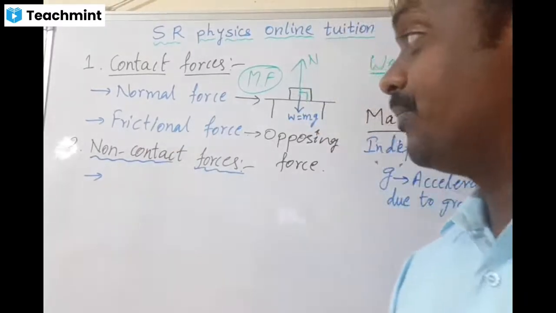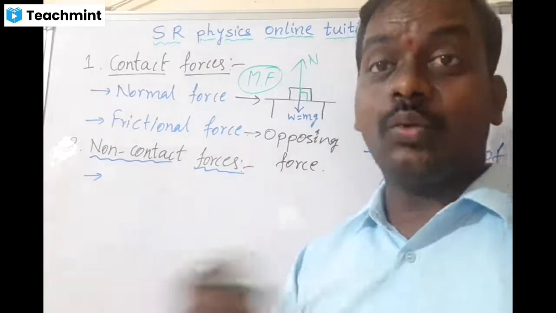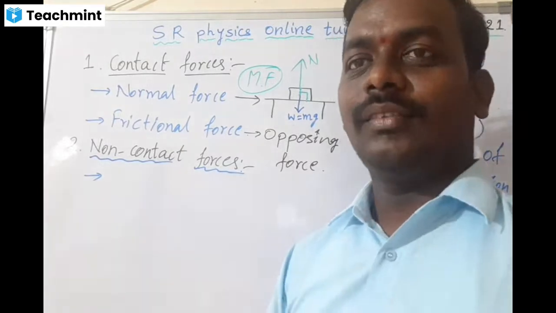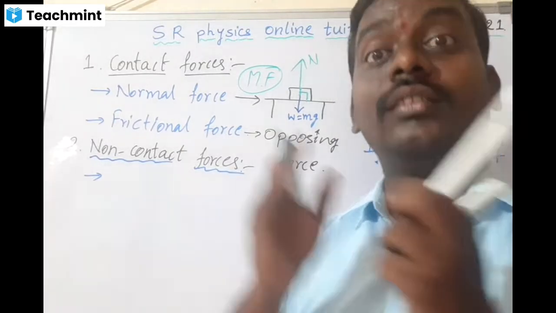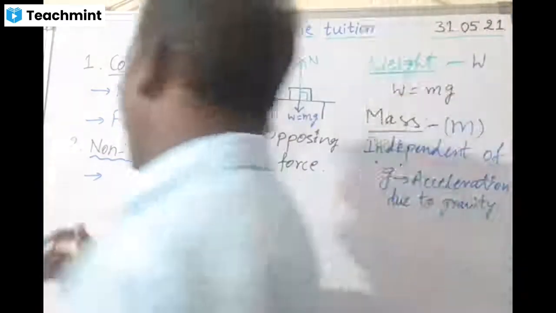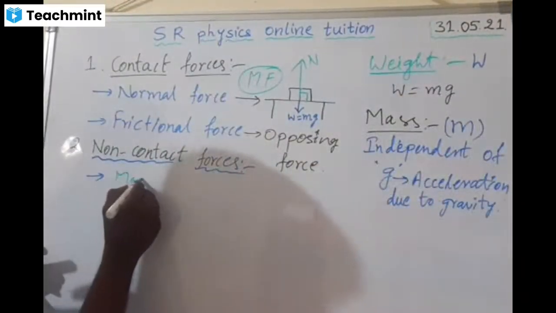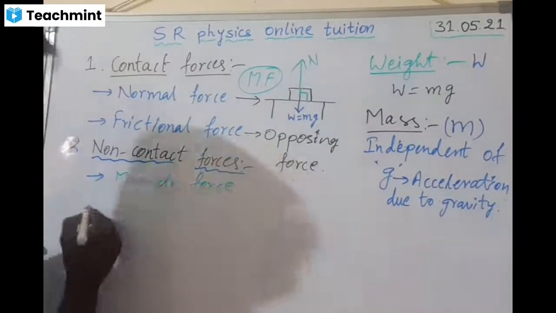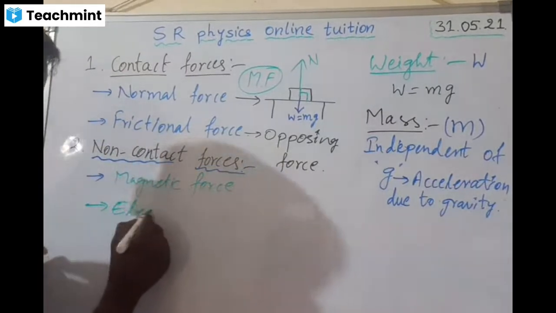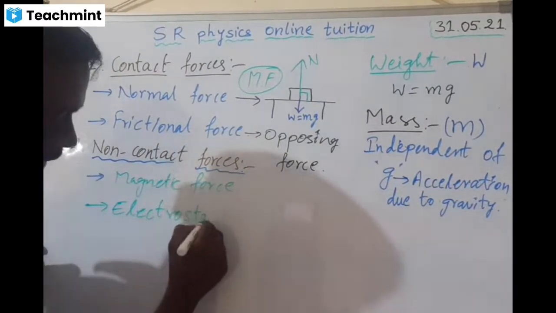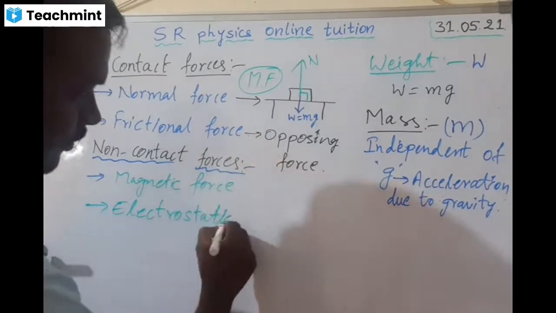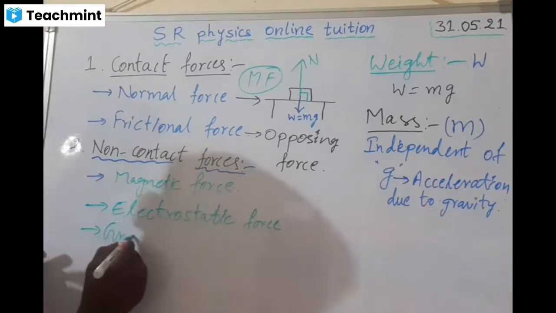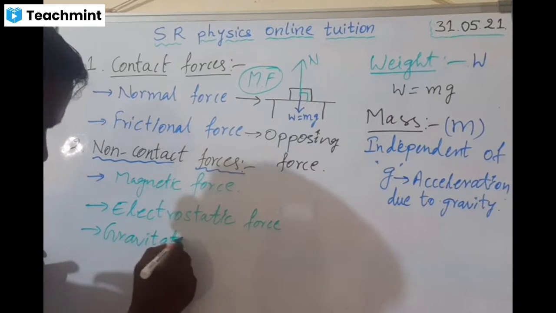And coming to the non-contact forces, the first one we have just seen. What is that? Magnetic force. Magnets get attracted towards each other even if there is no contact. So we can take it as magnetic force, and then electrostatic force, and then gravitational force.